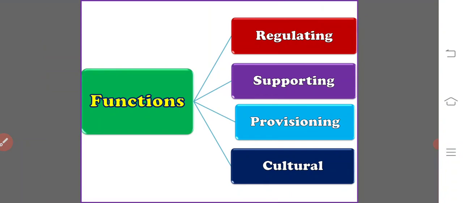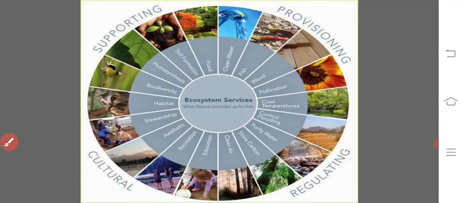What are the four categories? Regulating functions, supporting functions, provisioning functions, and the cultural functions. Let us see one by one. So these all are the different kinds of functions: regulating, provisioning, supporting, and the cultural functions.